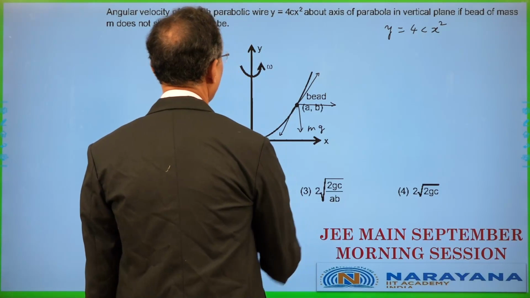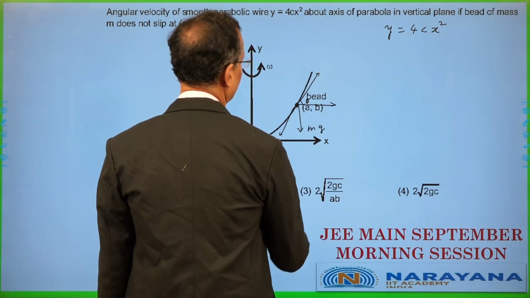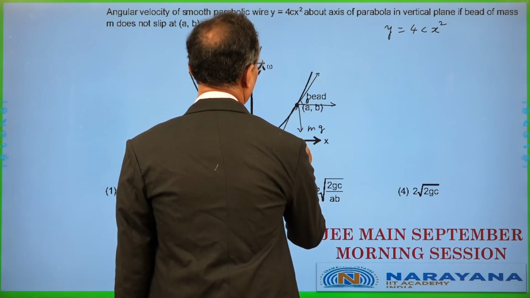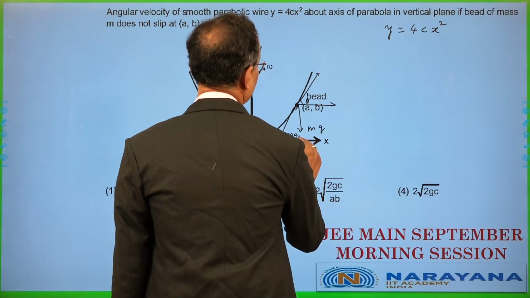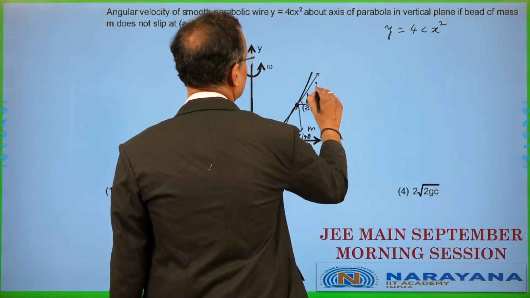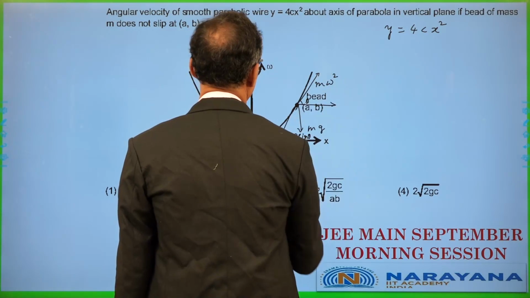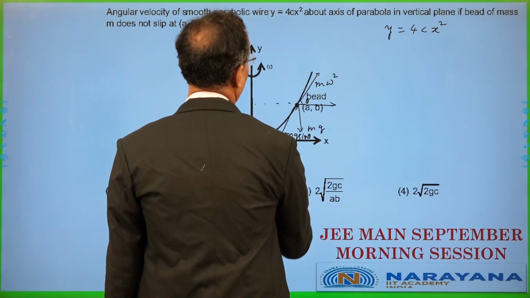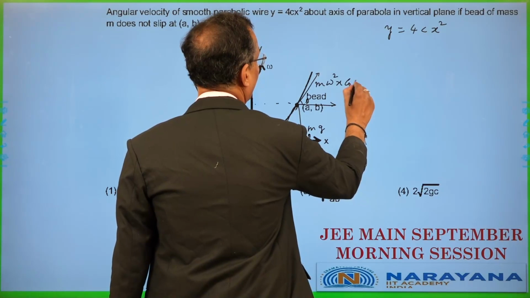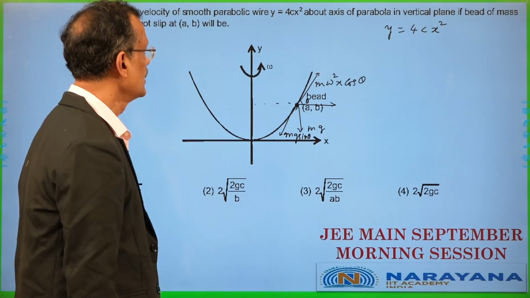If I take the angle theta, this angle is theta, this is tangential, so this will become 90 minus theta: mg sin theta, and here it is m omega squared x cos theta, where this distance you take as x. These two components must be equal.